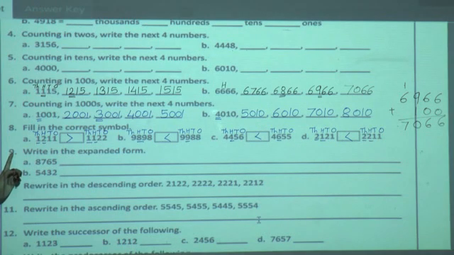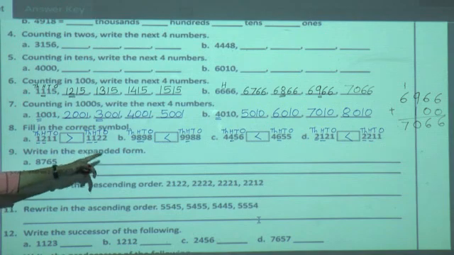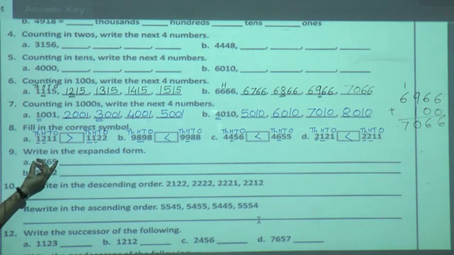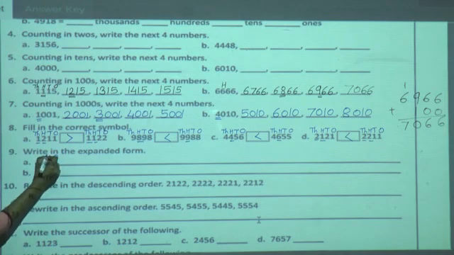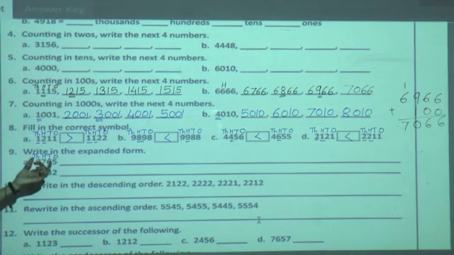Now we will move to the next question. Now see the question is write in the expanded form. Now here they have given us the short form. Okay. Many times I told you, whenever you see a number, we will write its places. This is ones, tens, hundreds and this is thousands. Now read the number 8765.